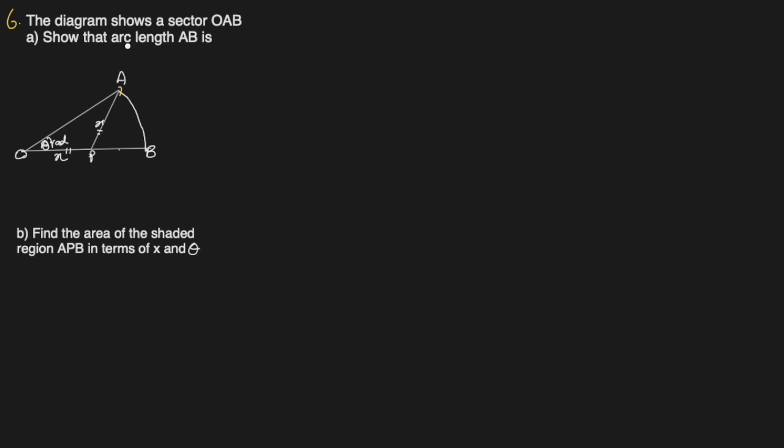Show that the arc length AB is 2x theta cos theta. That's what they're asking us to show. So arc length is equal to r theta, right? This is what we know. Angle is theta between this side and this side for this sector.